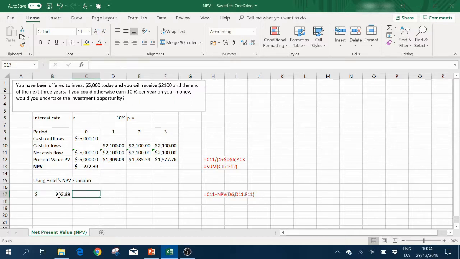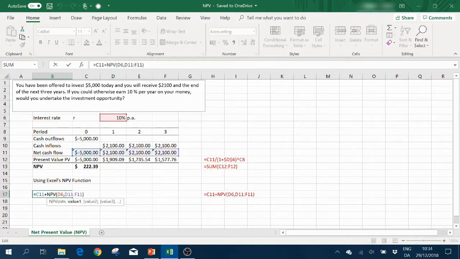However, it can be a little bit tedious, and the reason why it is easier to do it the first way is because the NPV formula says that the first period starts at period 1 and not period 0. This is the reason why I have to add the first period, which is period 0, separately and then use the NPV formula.